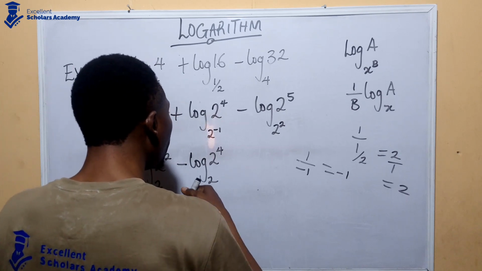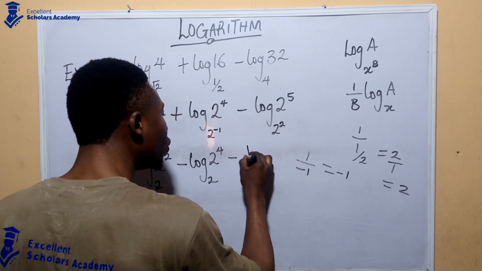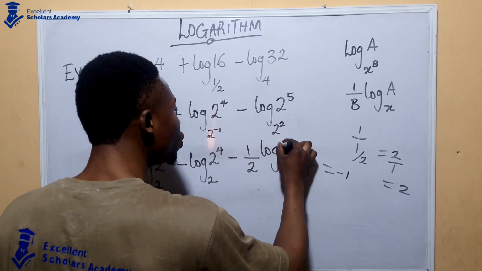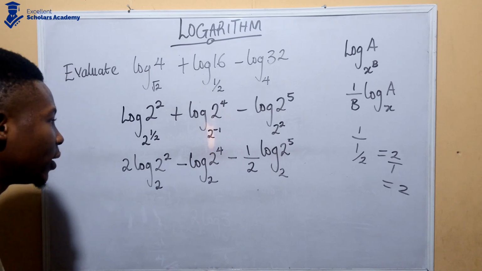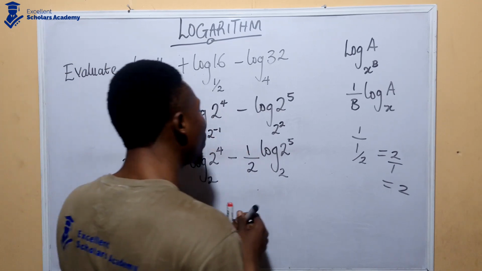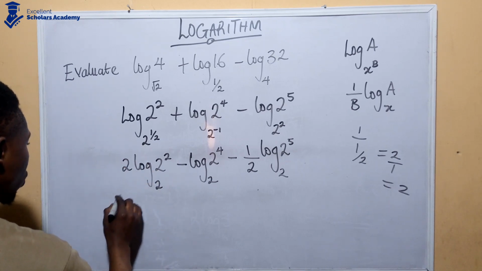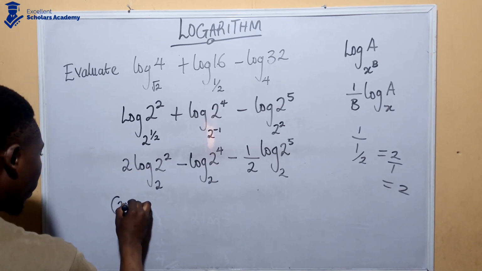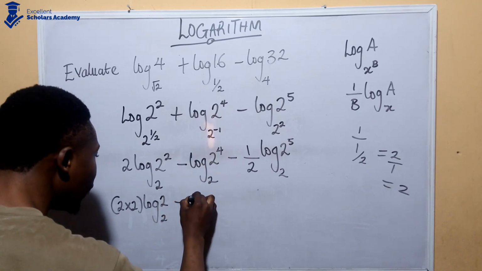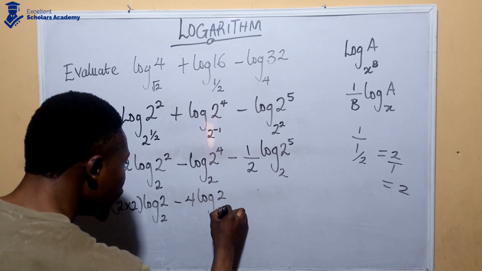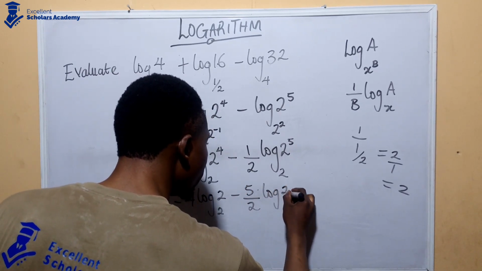Minus, now this comes behind here as an inverse, 1 over 2 log 2 to the power of 5 base 2. Alright, so now we are also going to apply the other law that says the power can come behind. So when the powers come behind, 2 times 1 over 2, log 2 base 2, minus 4 log 2 base 2, minus 5 over 2 log 2 base 2.